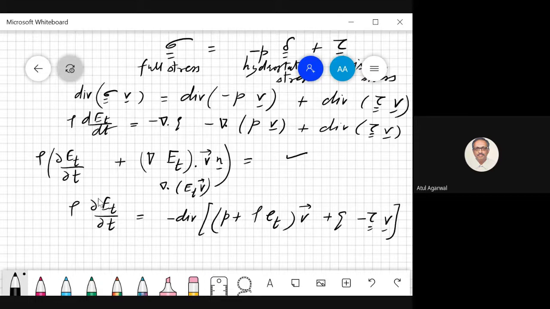Then we have just collected the divergence terms. You see, everywhere there was a divergence. So P plus rho ETV plus Q minus this. So all of them were already divergences. Only here we made divergence of this term also and took it to this side.